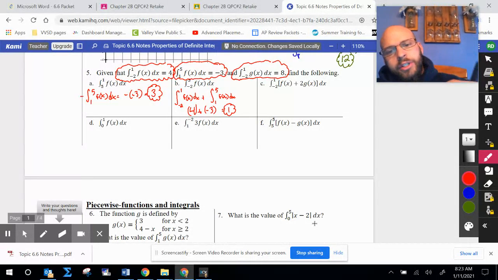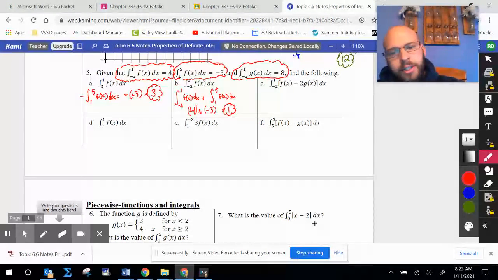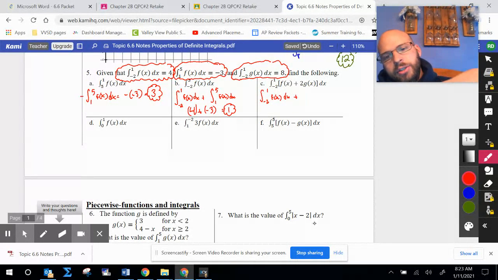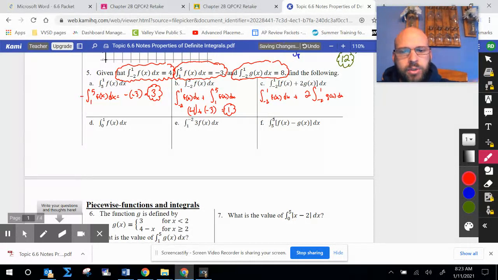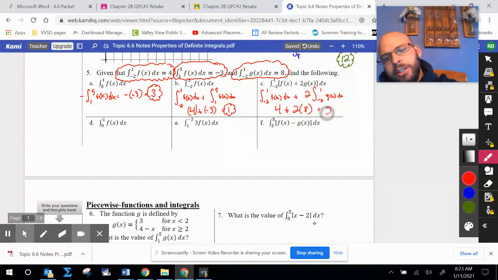Now, I can further deconstruct part C to be the integral from negative 2 to 1 of f of x dx plus 2 times the integral from negative 2 to 1 of g of x dx, right? So this would be 4 plus 2 times 8, which would be 4 plus 16, or in this case, 20.